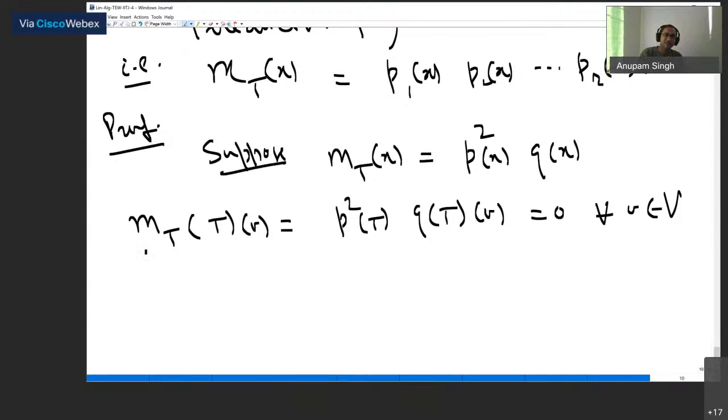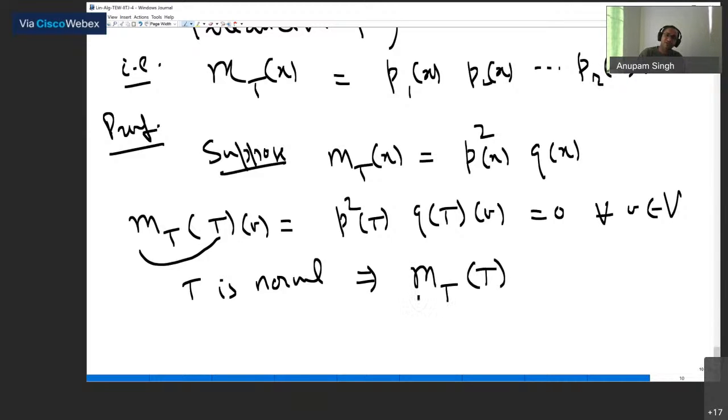Since T is normal, one of the properties we stated in the very beginning is that any polynomial in T is also normal. So if I look at m_T(T), since m_T(x) is a polynomial and I substitute T, this is also a normal operator, right?